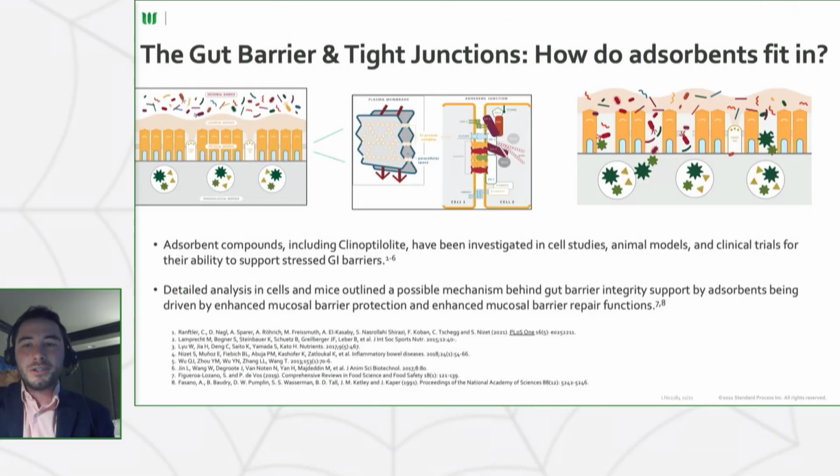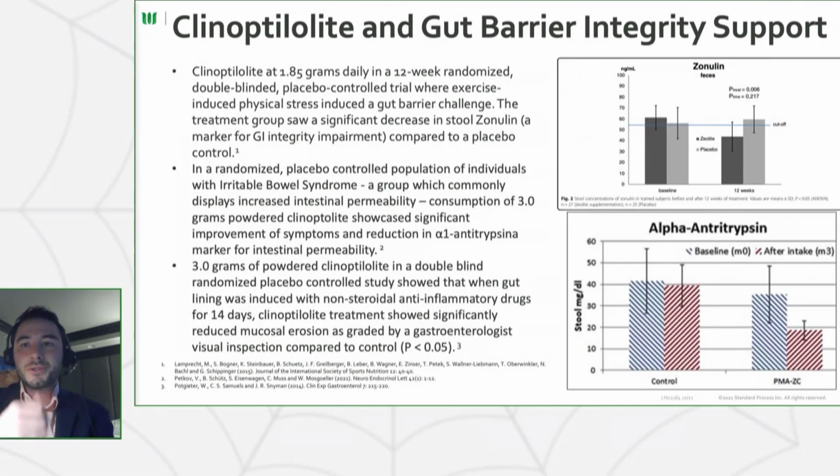And what that'll do is reduce the amount of zonulin, which is a biomarker in the stool for intestinal permeability. You can reduce that to the point where you can see that this clinoptilolite is able to induce that gut barrier protection.